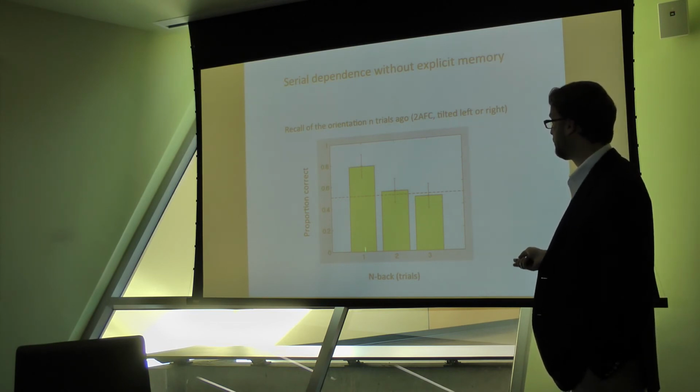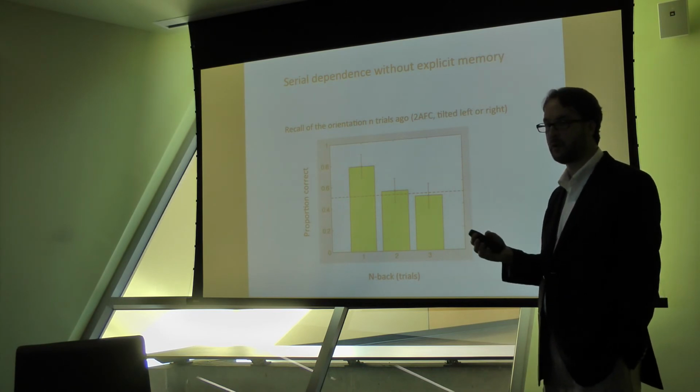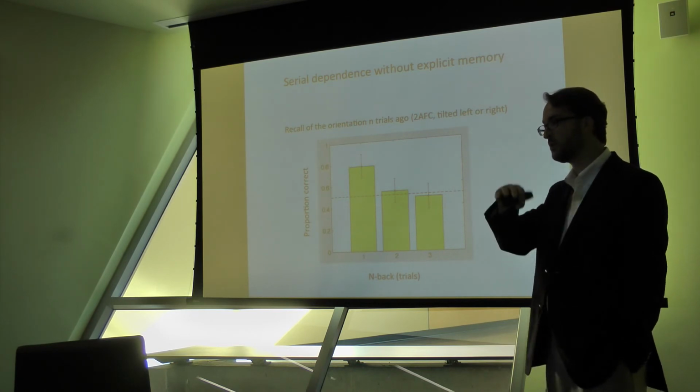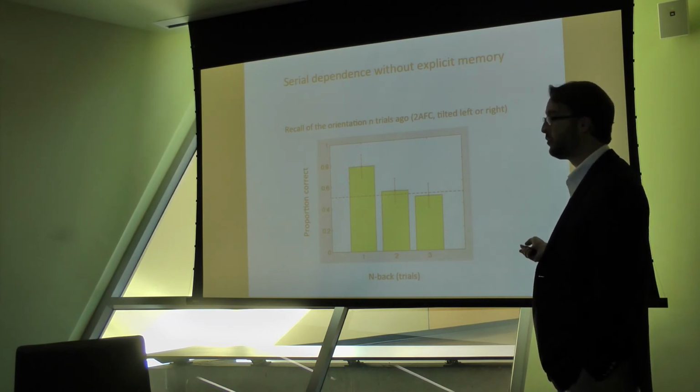It's an easy task. Subjects are above chance when it's the Gabor that was 1 trial ago. But if it's 2 trials ago or 3 trials ago, subjects are at chance, totally at chance. They have no explicit memory of whether the Gabor 2 or 3 trials ago was tilted that way or that way. And yet we know that their serial dependence was significant even in those specific trials. In fact, Jason went further and looked at the false memory.